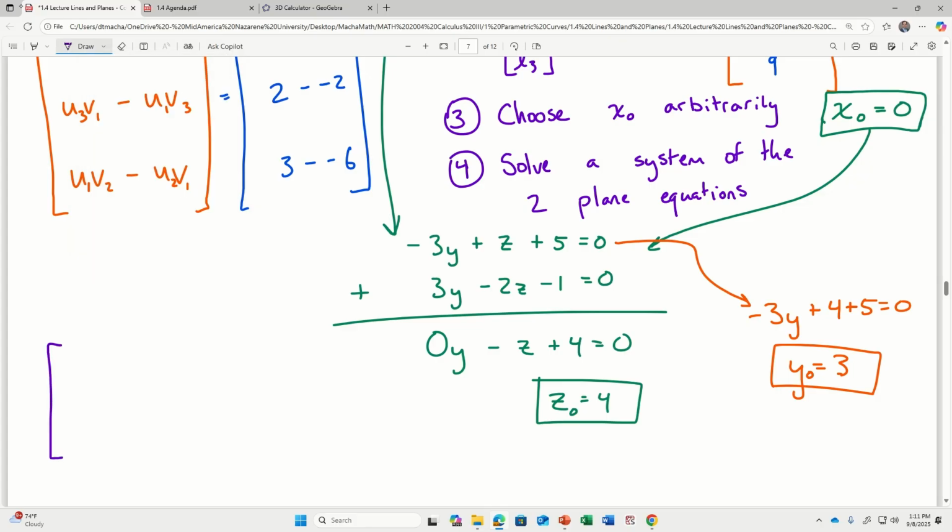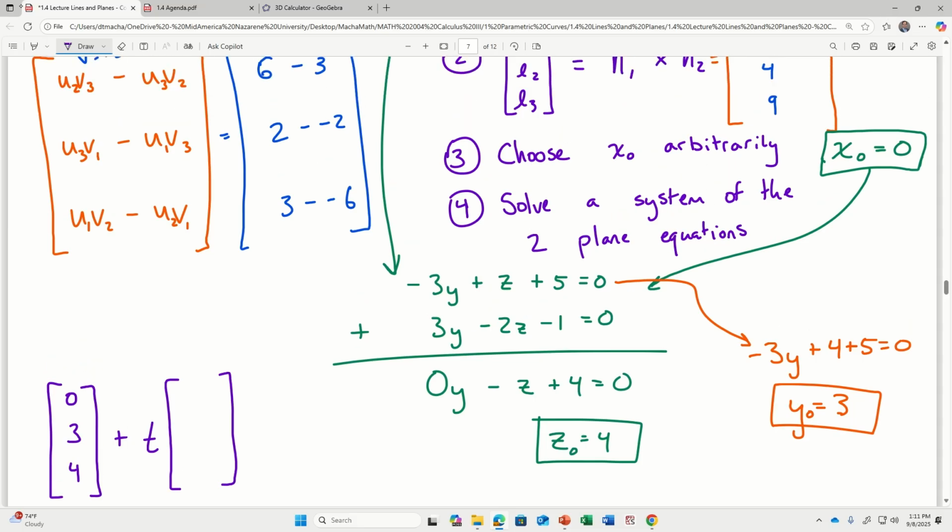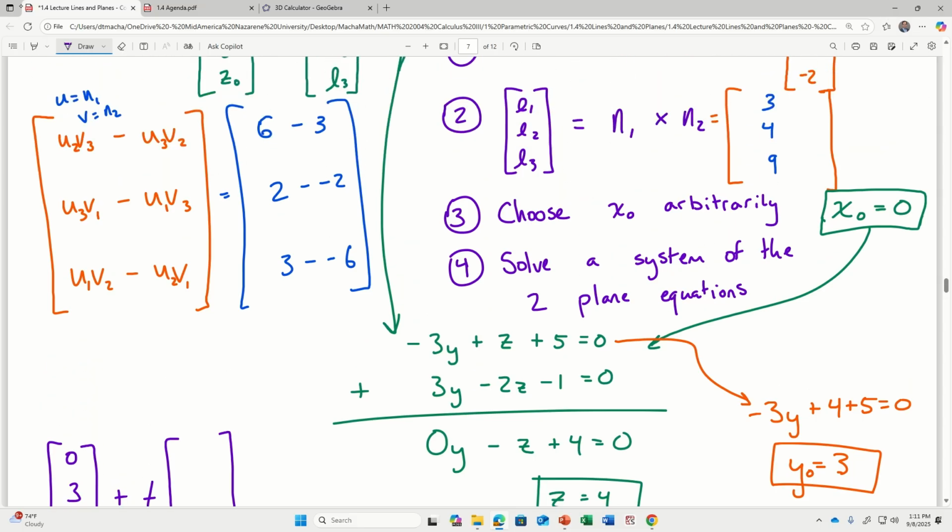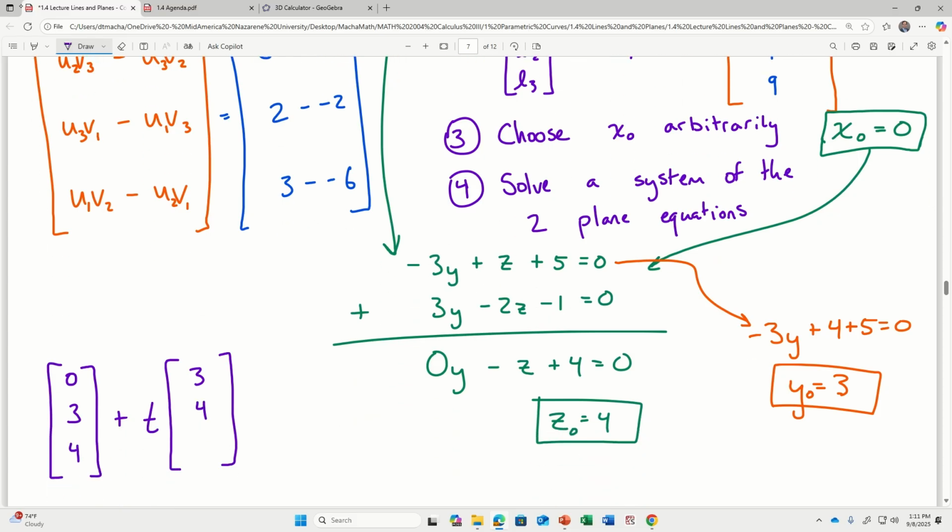And my final answer is the parametric equation for the line of intersection between the planes. And that's going to be 0, 3, 4 plus t times 3, 4, 9. And that's what your answer looks like.